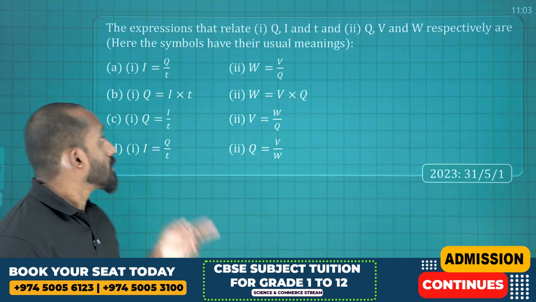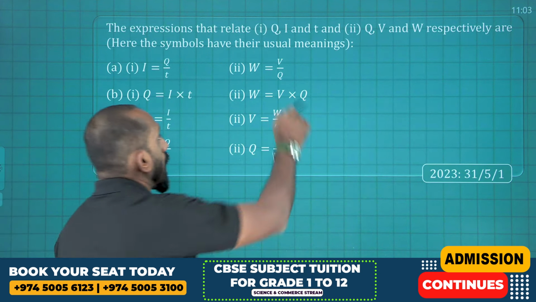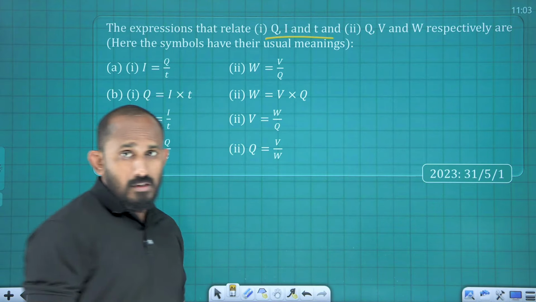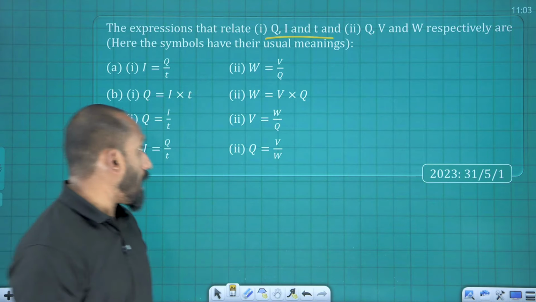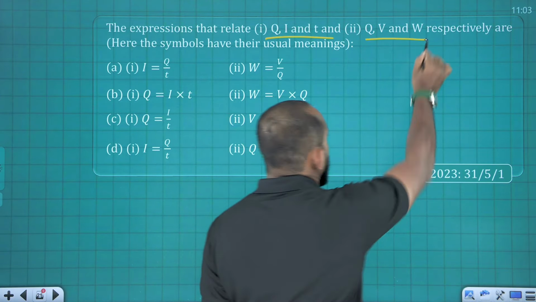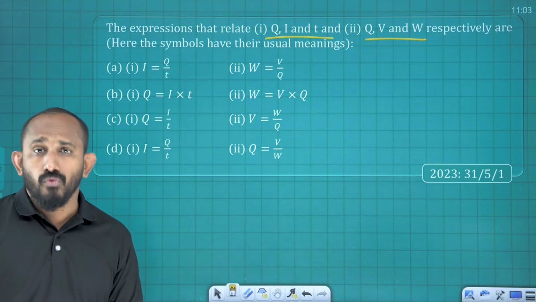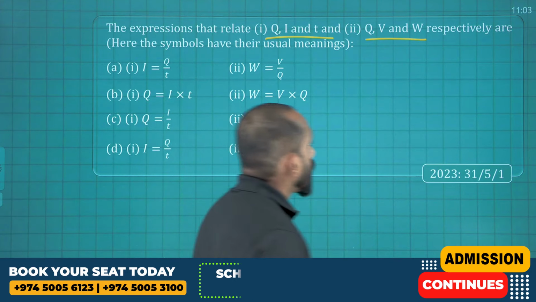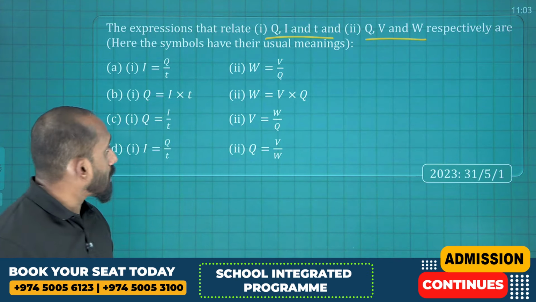The expressions that relate Q, I and T, charge, current and time, and Q, V and W, the work done, voltage and charge, respectively are. Here the symbols have their usual meanings.